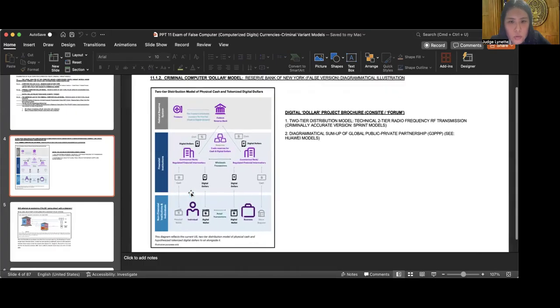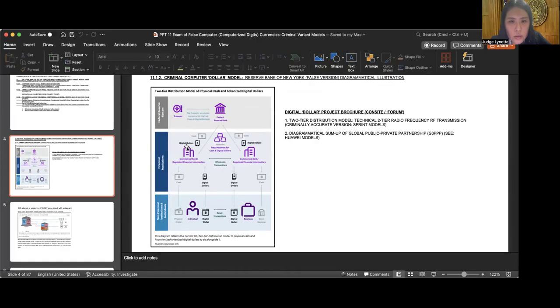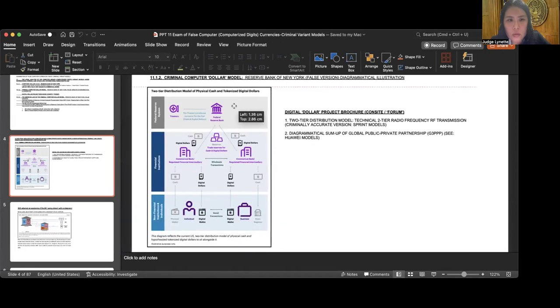So we just quickly take a look at these three major parties: the end users, the three tiers, tier 1, tier 2, which are the commercial pilot banks that have been tested. But you can see here there's the digital dollars.